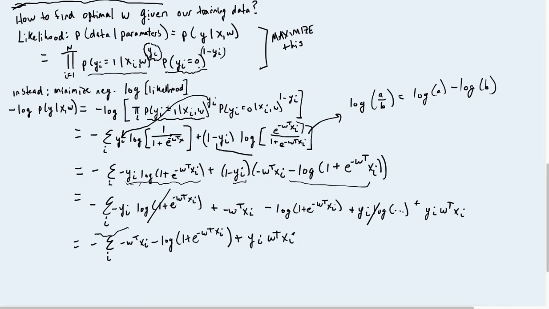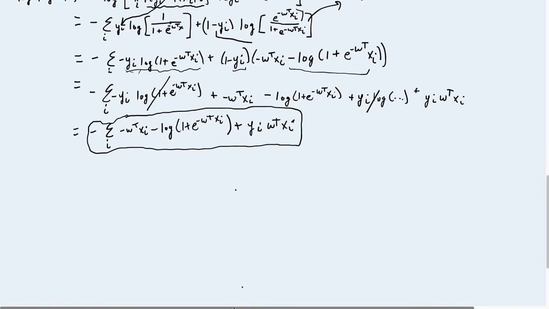And so this is our form of the negative log likelihood that we're going to work with going forward. And so what do we do now? Why did I just go through all that work?